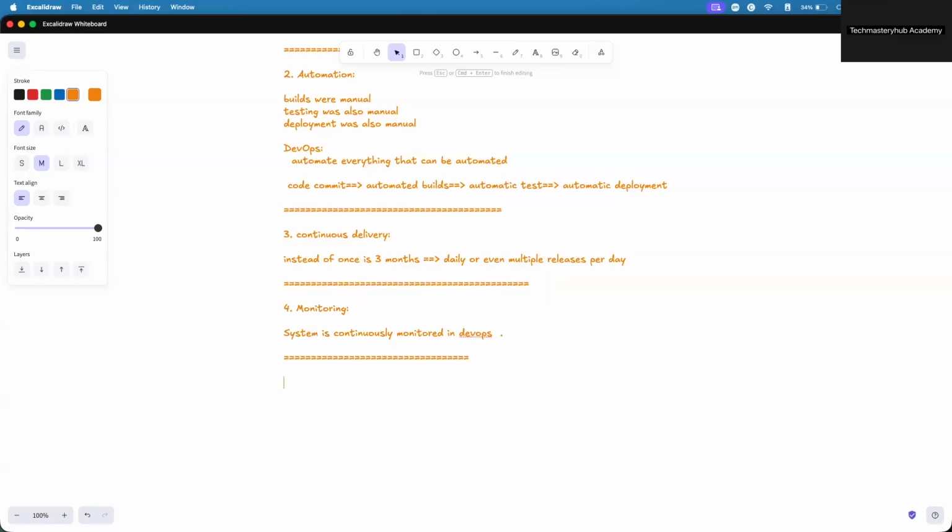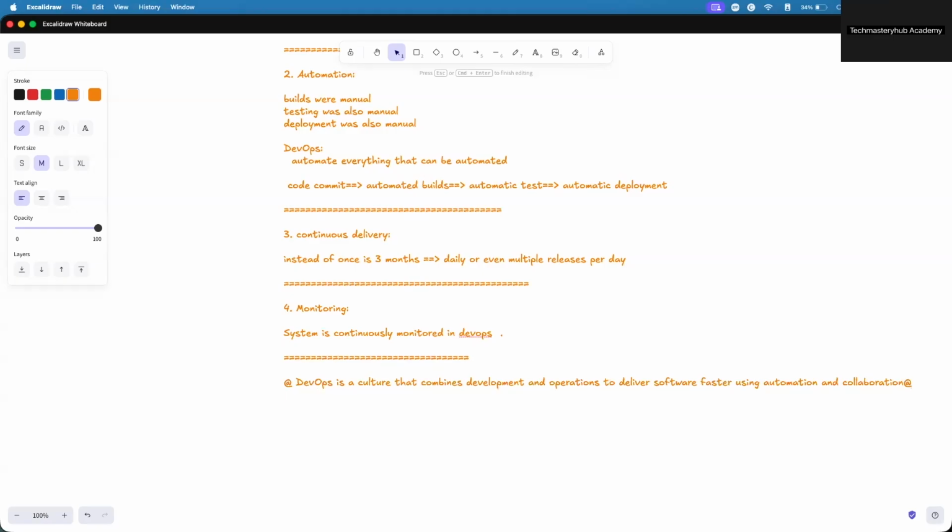And the final simple definition of DevOps, because earlier we said DevOps is development plus operations, but that is just a starting point. What is the real definition of DevOps? DevOps is a culture. Okay, let me note it down. DevOps is a culture that combines development and operations to deliver software faster using automation and collaboration.